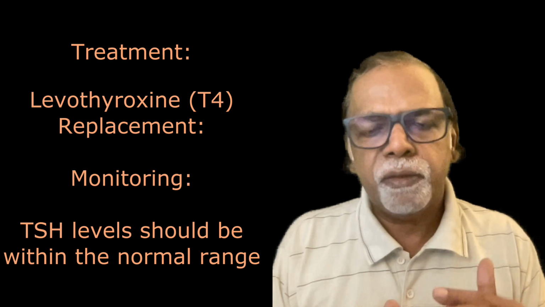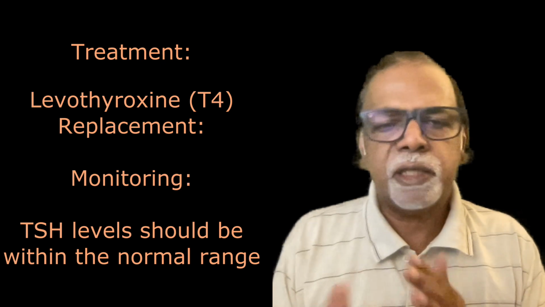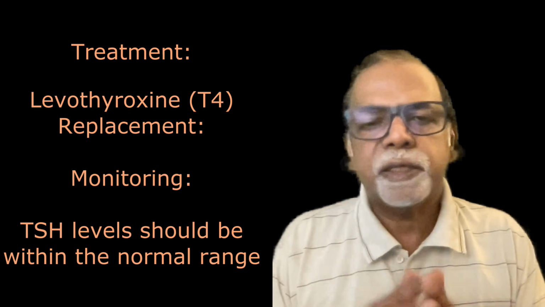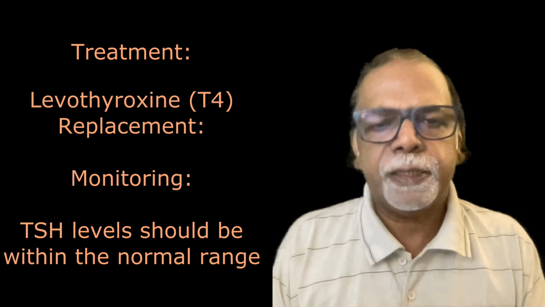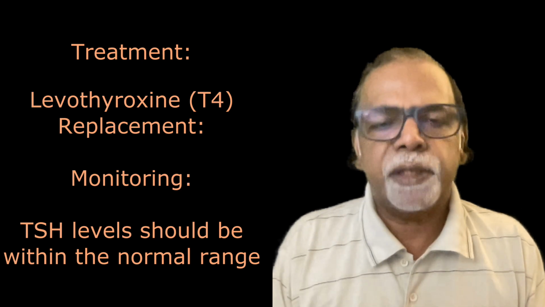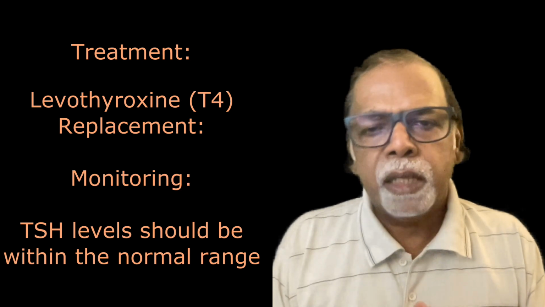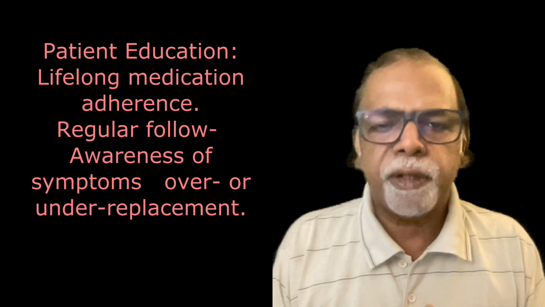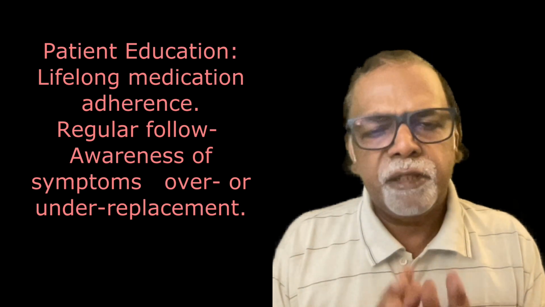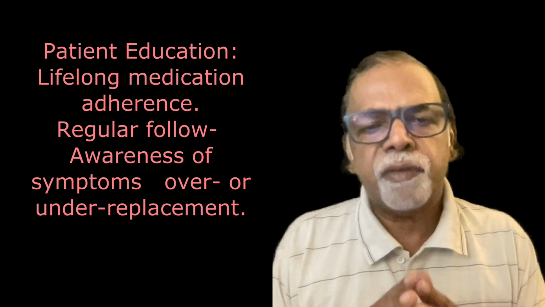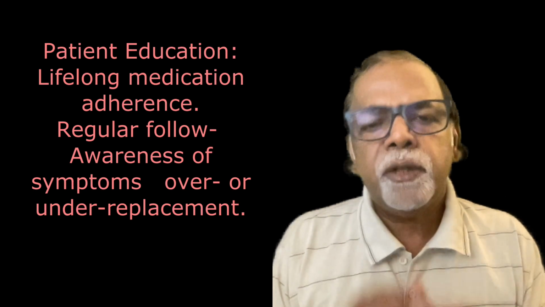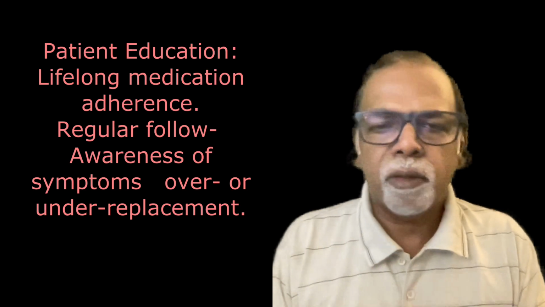Remember, 4 to 6 weeks are required for stabilization, so once you start treatment, wait for 4 weeks before checking the TSH values. Regular thyroid function should be tested to see that the patient is taking adequate medication. Usually thyroxine is given in the early morning on an empty stomach, and try to maintain the TSH within the normal range.